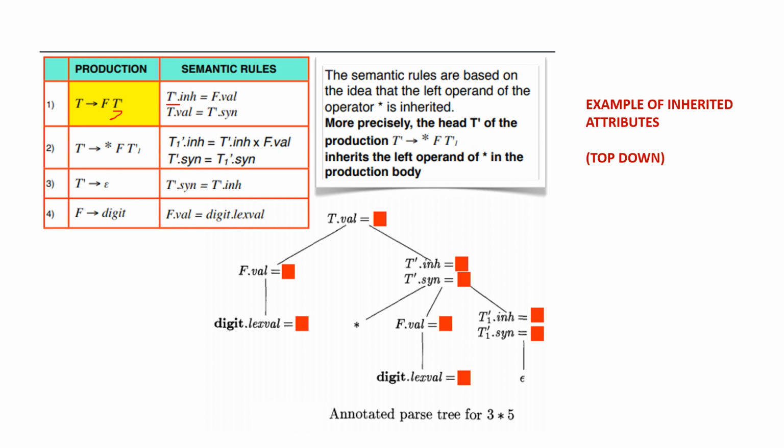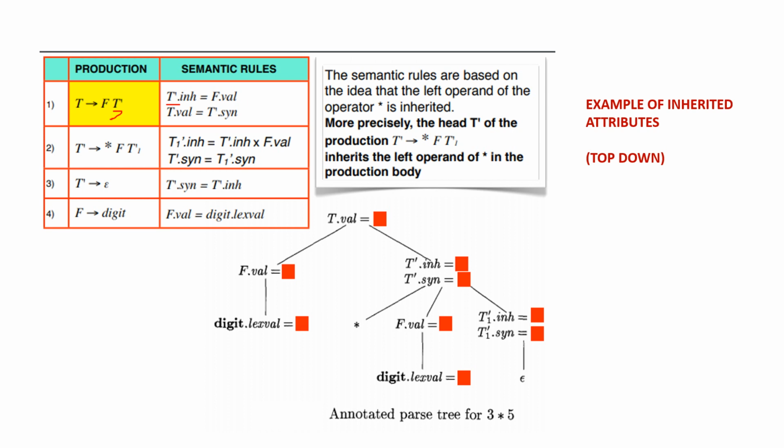We will discuss how it works later. See here, this is how we draw the annotated parse tree for the expression 3 into 5, according to the productions. So how are the values evaluated here? First is T1.val, which we don't know initially.